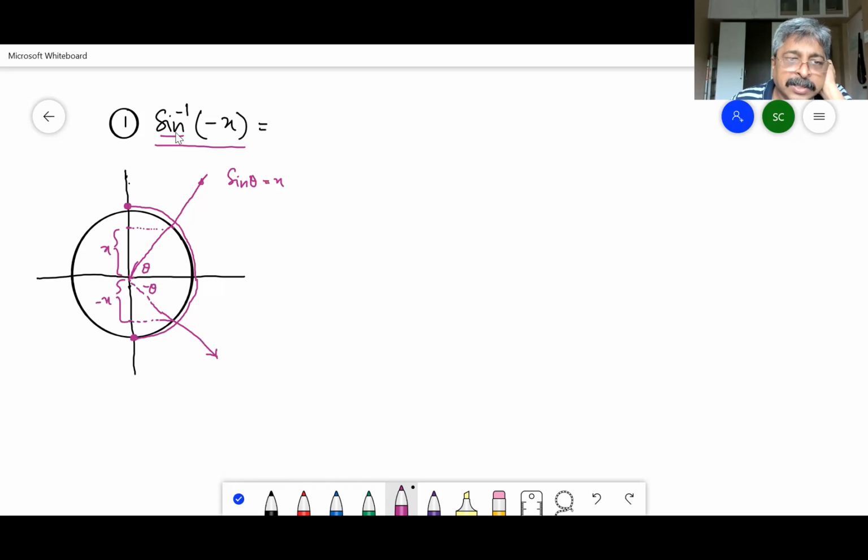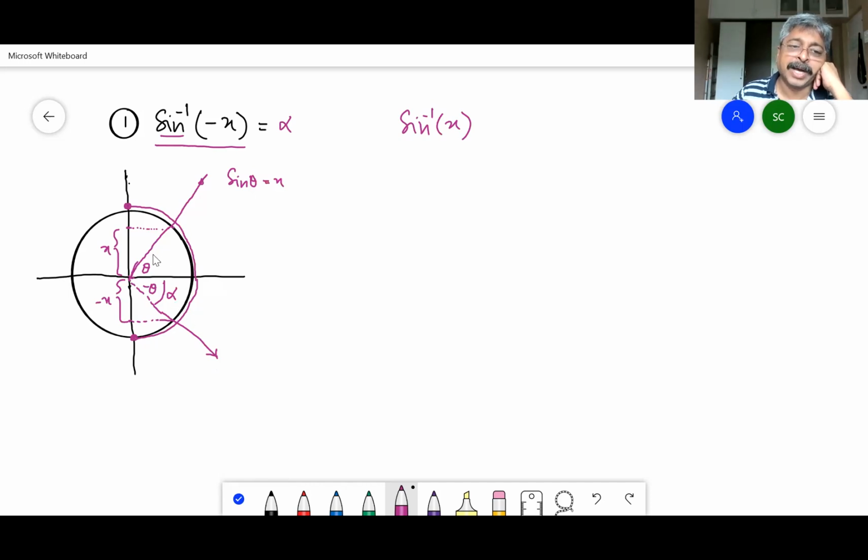In this diagram, sine inverse of minus x will be minus theta, or if you call this angle alpha, then you are supposed to express it in terms of sine inverse of x. Sine inverse of x is the exact reflection of this terminal ray in the x-axis. Is that correct?